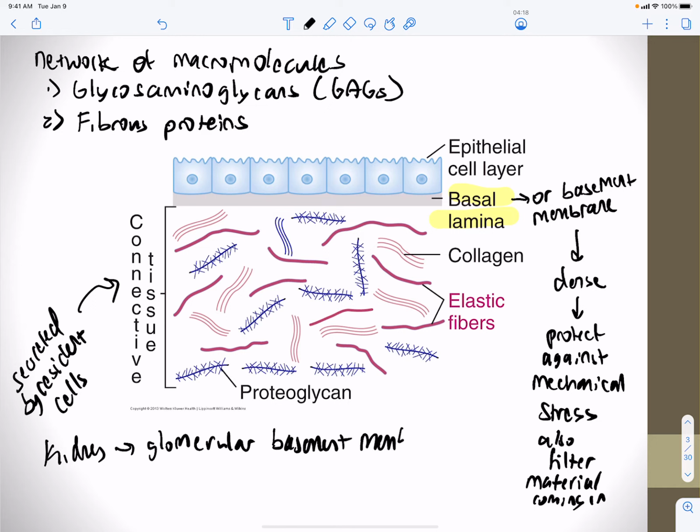And then this membrane is ribbon-like. And this is going to be between the endothelial cells and the podocytes, foot processes.